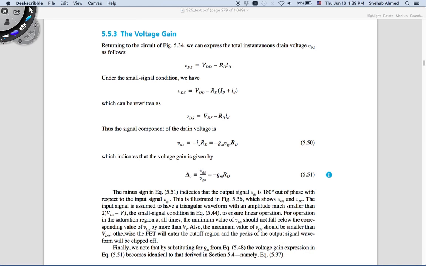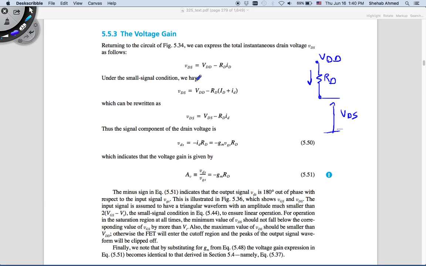So here, let me rewrite this as follows. This is my VDD, this is RD, and this is my output VDS. So VDS is equal to VDD minus RD times ID.